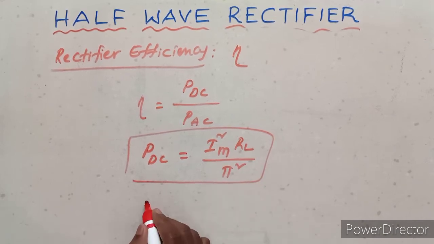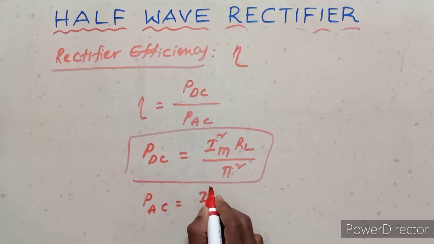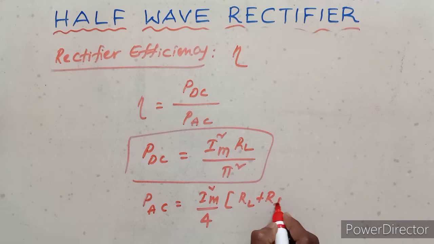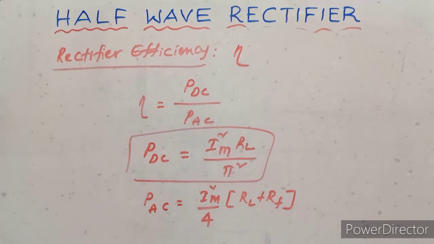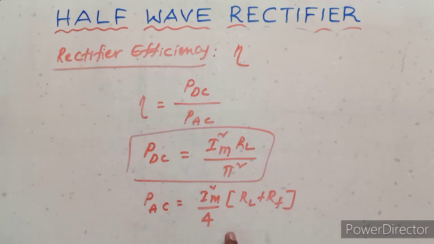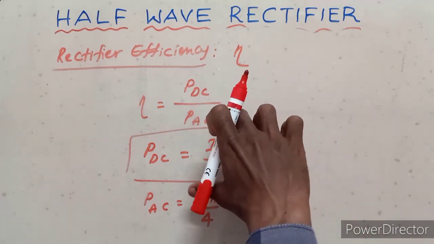And also input AC power equals I square M upon 4 into RL plus RF. These two are the values of DC output power and AC input power. These two values are substituted in the above equation.